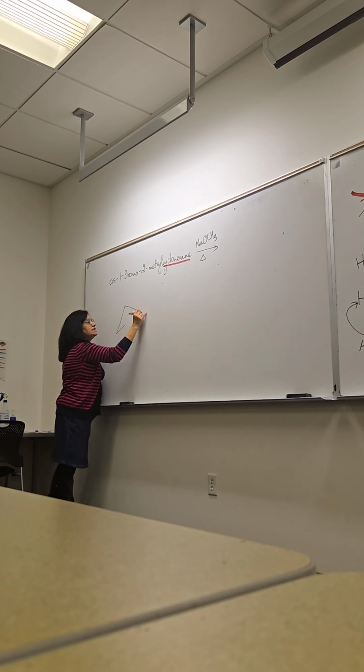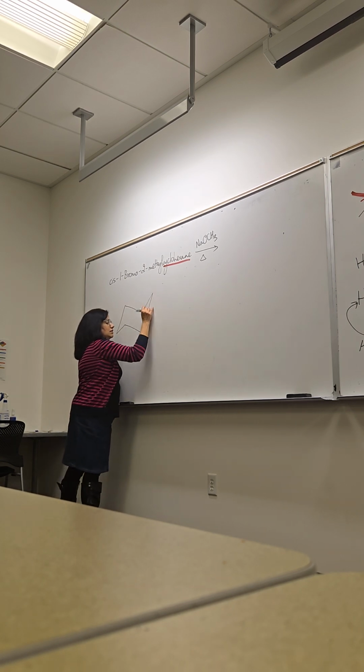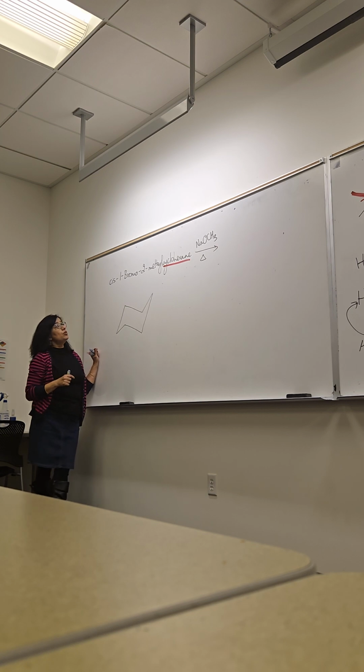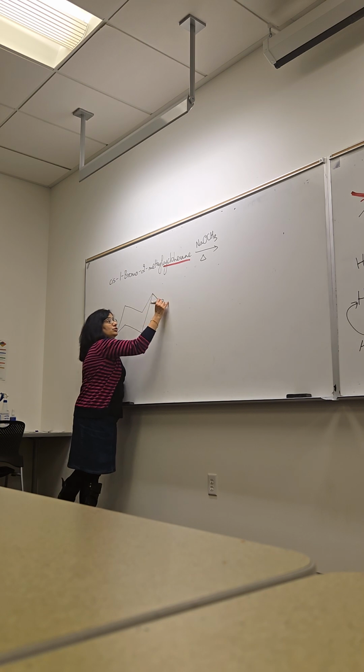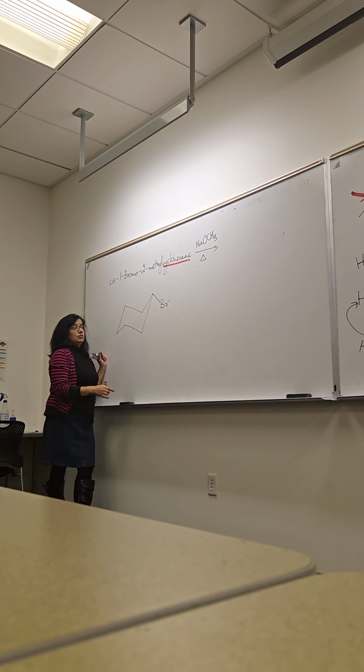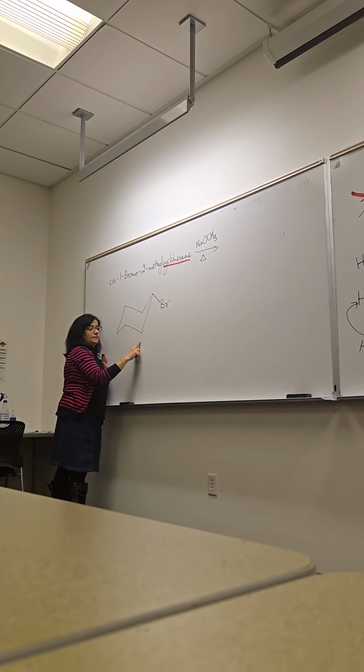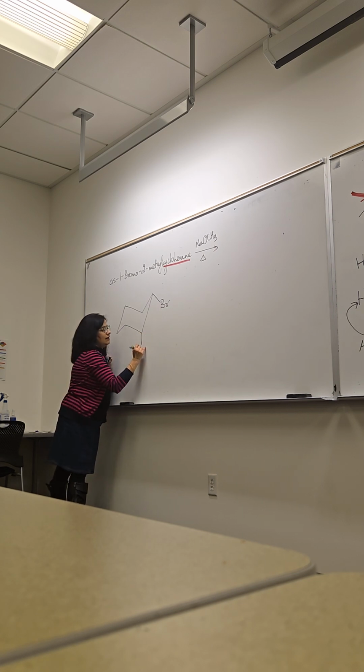Okay, this is cis-1-bromo-2-methylcyclohexane. So if I put bromine equatorial, methyl will have to be what? Axial. Guys, can you do this quickly?